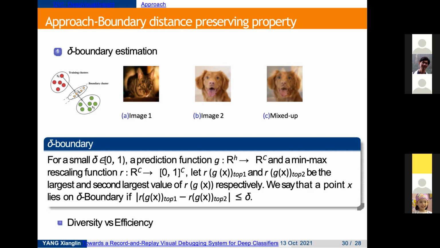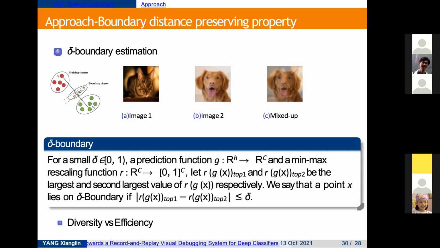We define that if a point can satisfy that the prediction scores of its top 1 class and top 2 class differ by less than some predefined value delta, then we say this point lies on the decision boundary. And then the next step is to generate some boundary points.